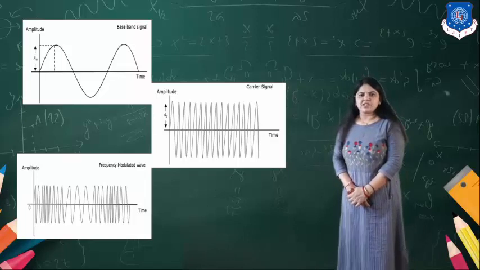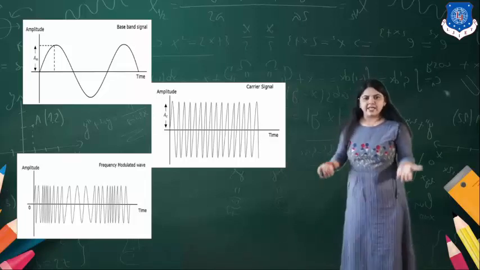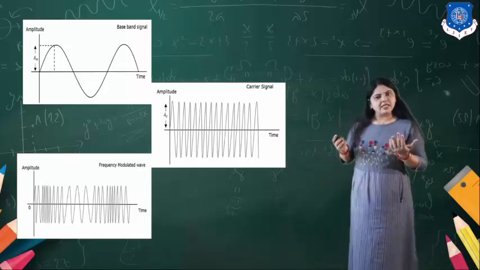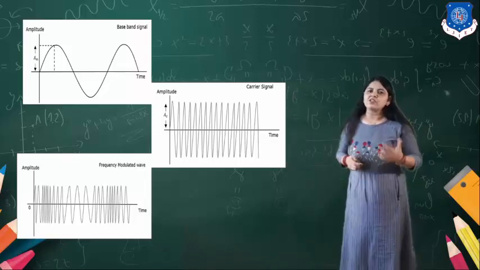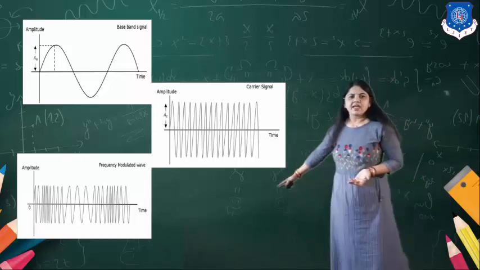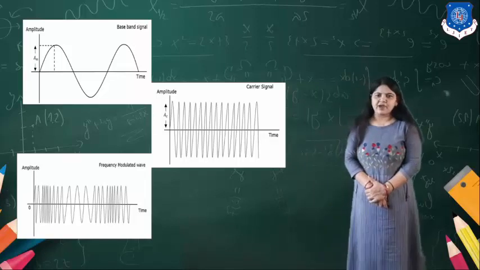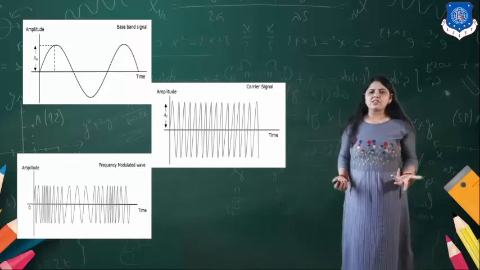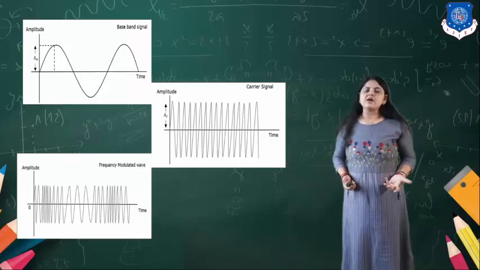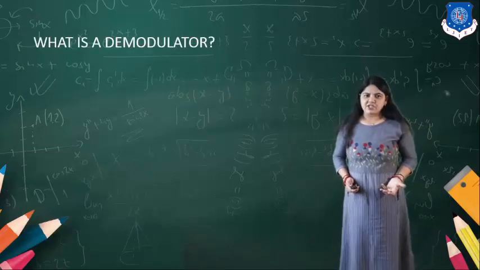So as the amplitude of the modulating signal increases, the frequency increases. So we find the change in the frequency of the modulated wave, and that change in frequency is referred to as the frequency deviation.